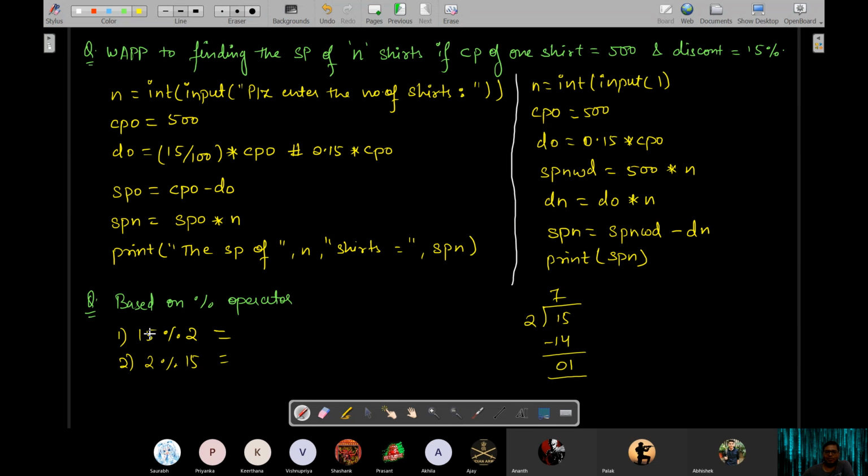So here when 15 is divided by 2, the remainder will be 1. What is answer in this case? When you divide 2 by 15, is it possible? No. So you can say in a way 15 0 times will give you 0 and answer will be 2.